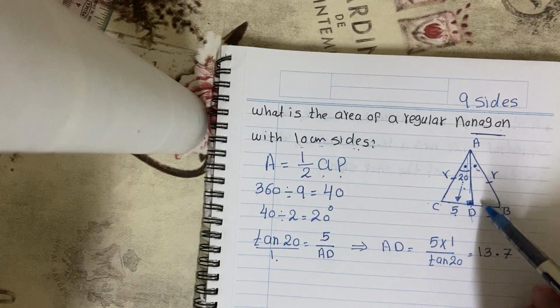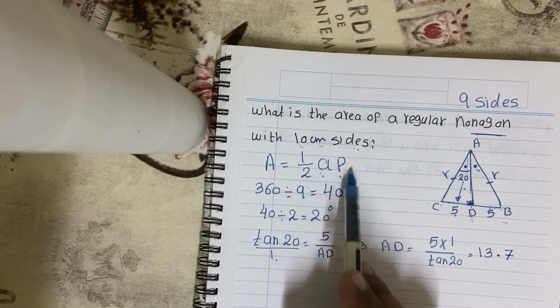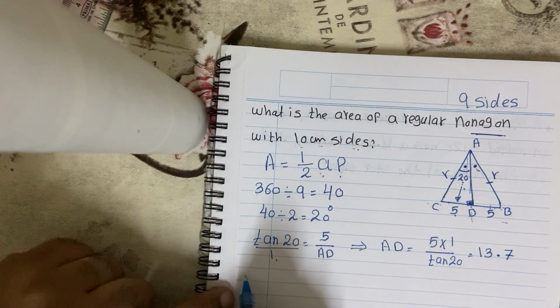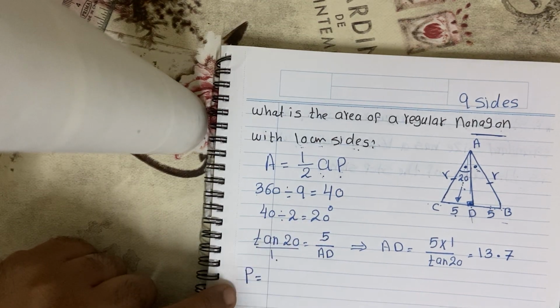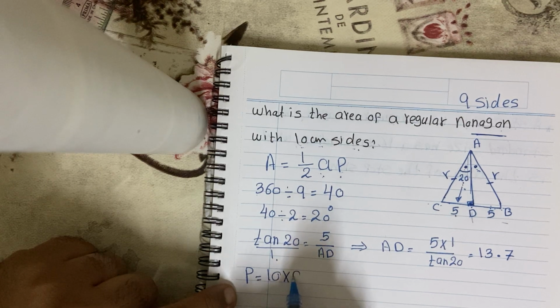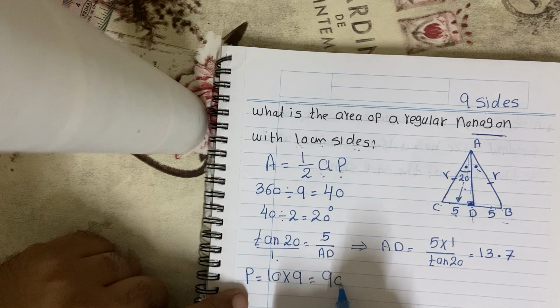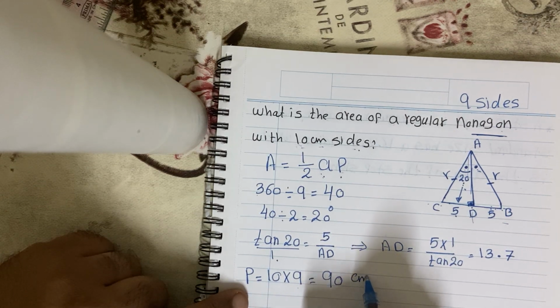Now we have the apothem, which is A. We have P. P is the perimeter. We can find P by multiplying 10 times 9 because it's a nonagon. It will be 90 centimeter.